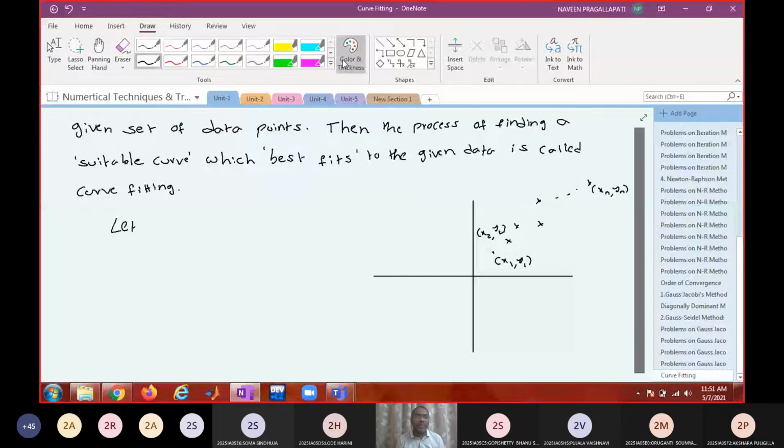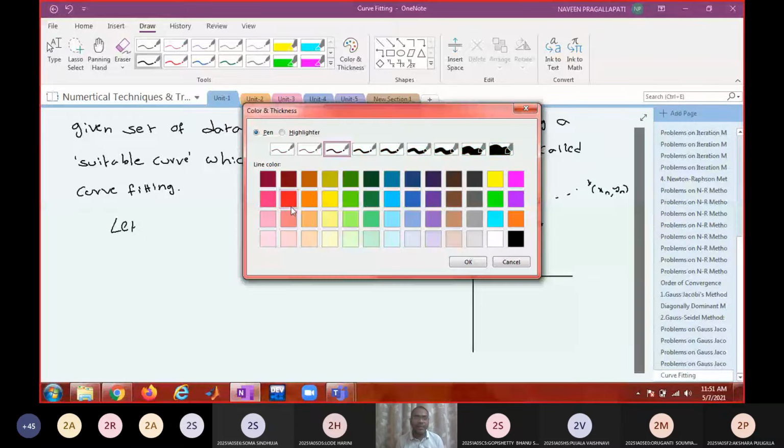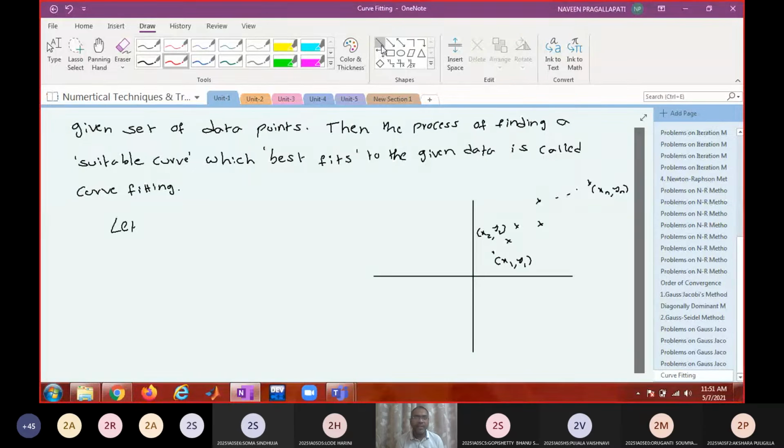Okay, so we are trying to find, for that in the derivation, a linear curve. So let me draw a straight line curve. Now just observe this point, the point x4 y4.